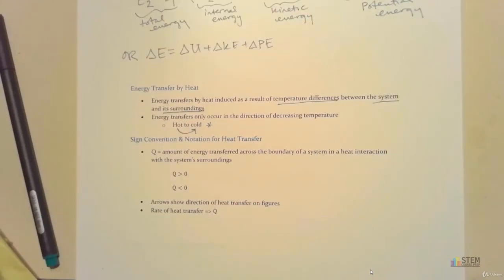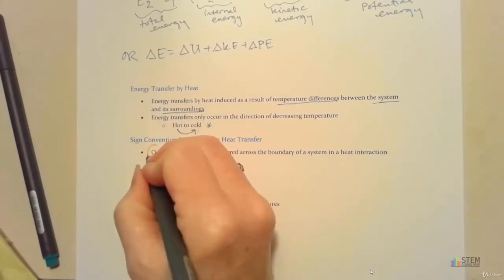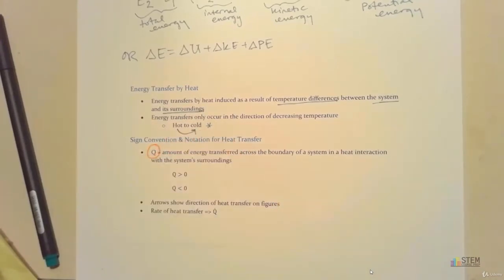Now we're going to have a sign convention and notation for heat transfer. The symbol we're going to use for heat transfer is capital Q. Capital Q is going to be the amount of energy that's transferred across the boundary of a system in a heat interaction with the system's surroundings.